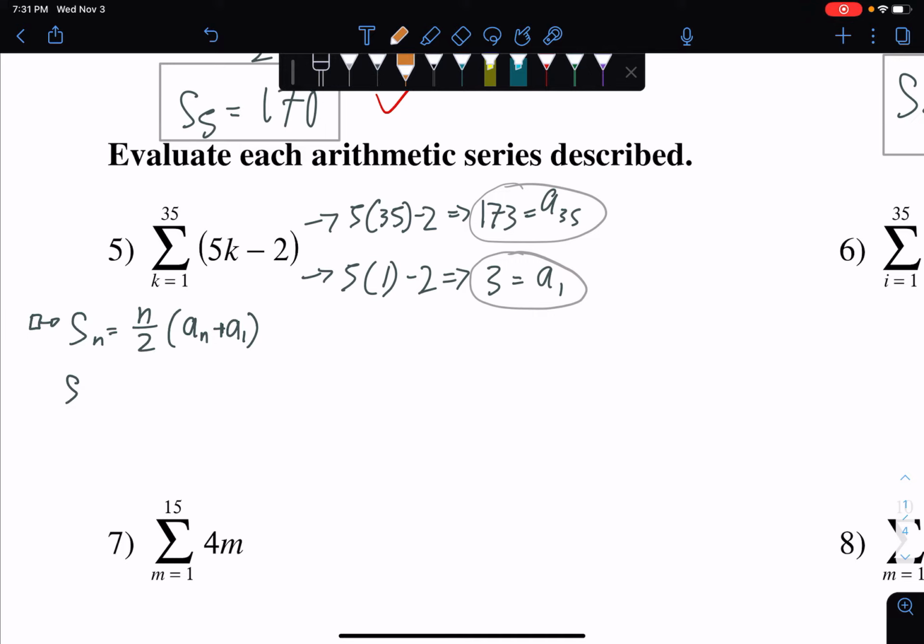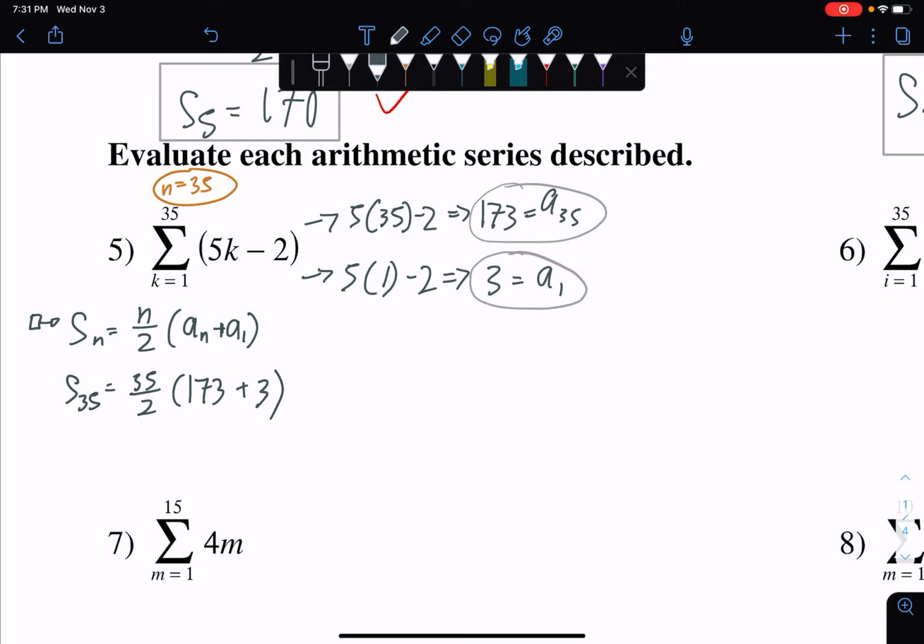We know that our n is equal to 35. To keep you again from confusion, this is just k. It's a variable. It could also be n. So don't be confused with that. Our n is 35, so S sub 35 is equal to 35 over 2 times the quantity a sub 35, which is 173, plus our a sub 1, which is 3.